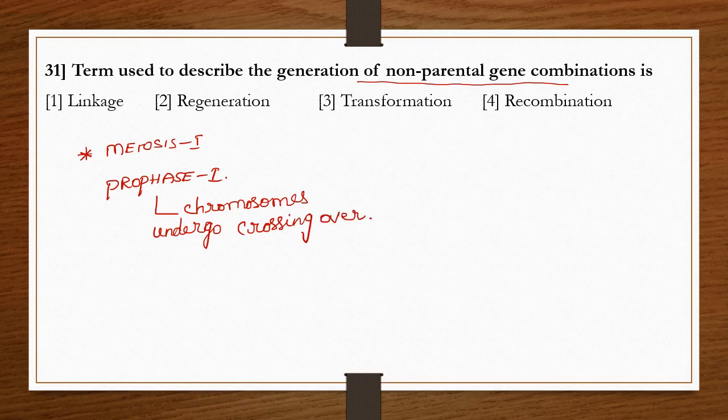So due to this crossing over, the genes are recombined.